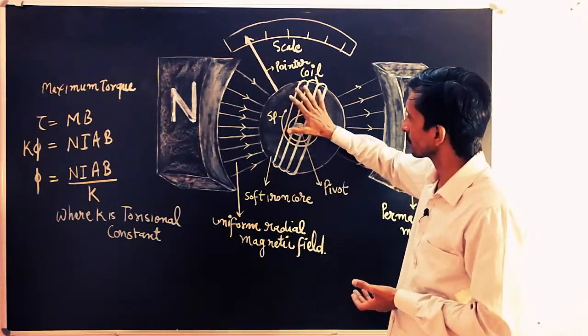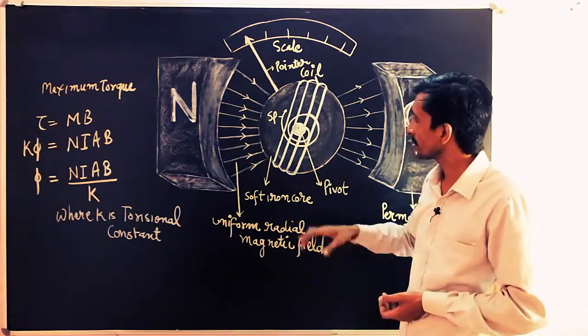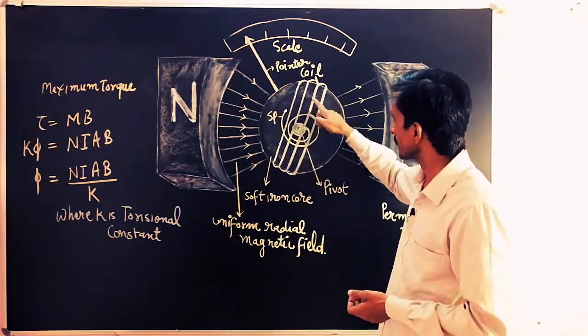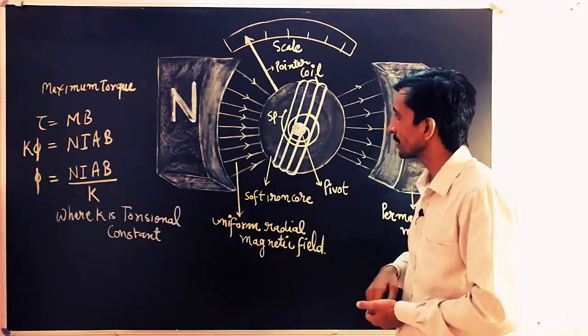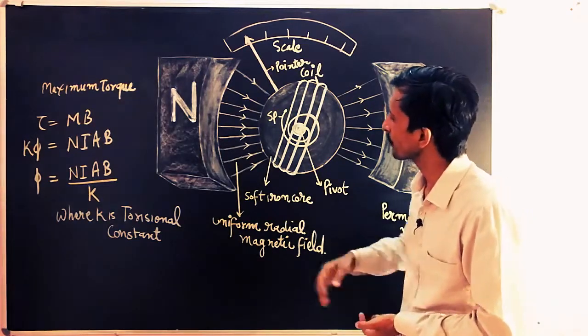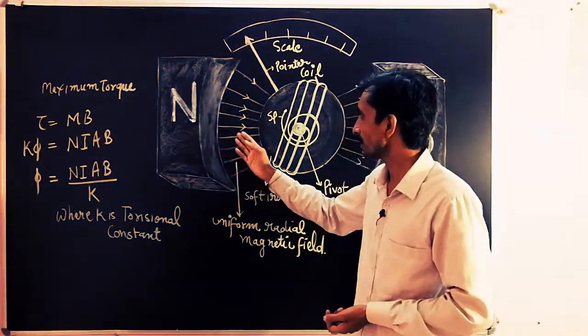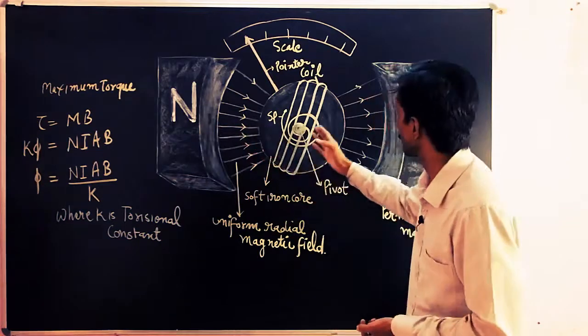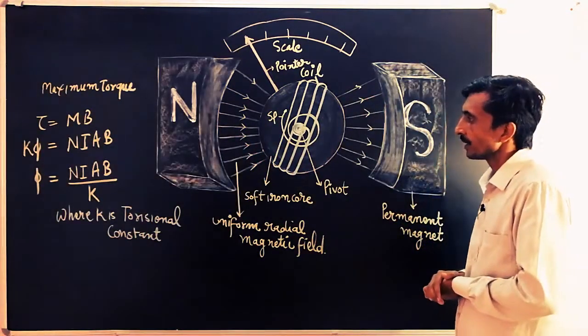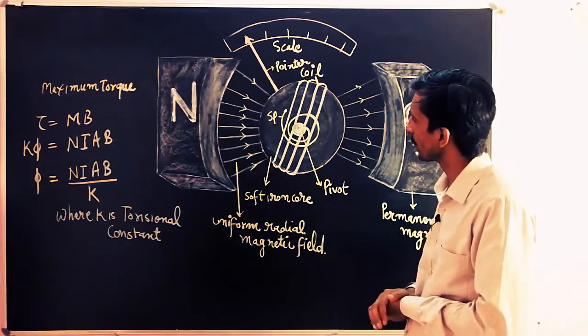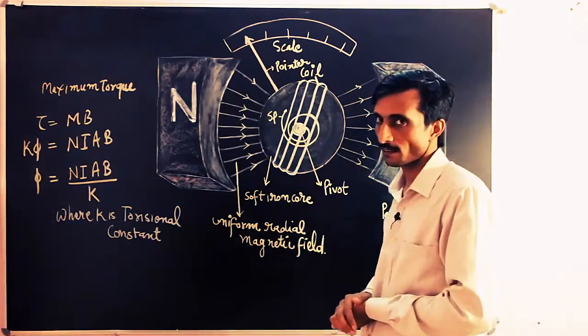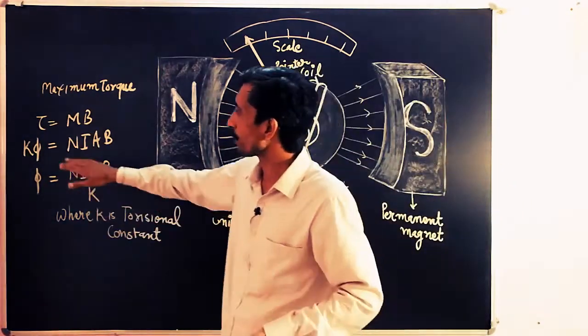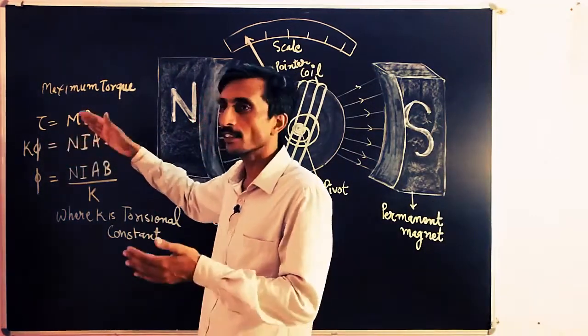Now when current is passed through the galvanometer, the current in the coil experiences a torque due to the applied magnetic field from the north pole to the south pole, and the maximum torque on the coil is at an angle of 90 degrees. So the torque will be MB sine 90.